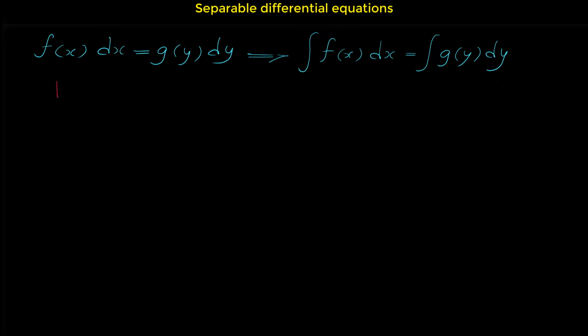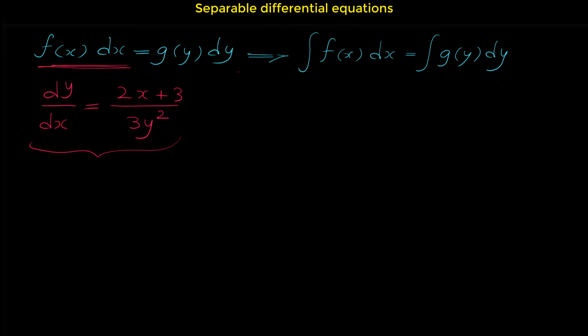Our first example is dy over dx equals 2x plus 3 over 3y squared. The first step is to try to write this differential equation in the form of f of x dx equals g of y dy. We have to separate variables x with dx to one side of the equation and variable y with dy to the other side.